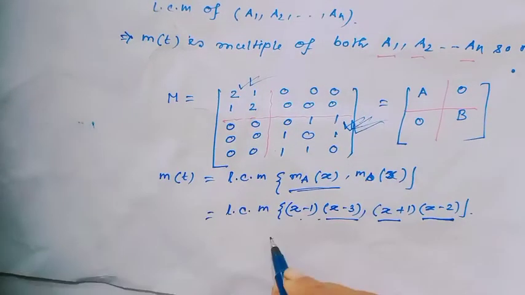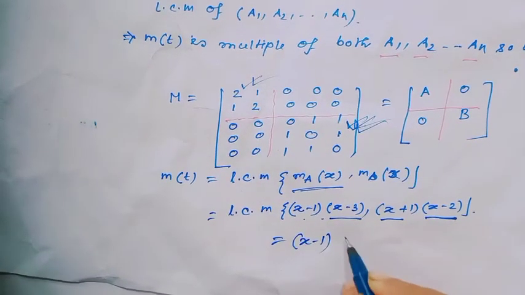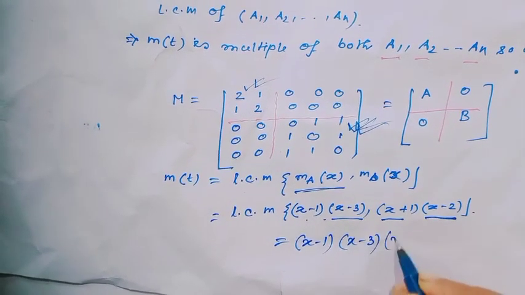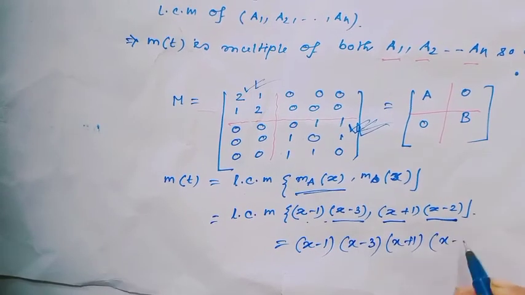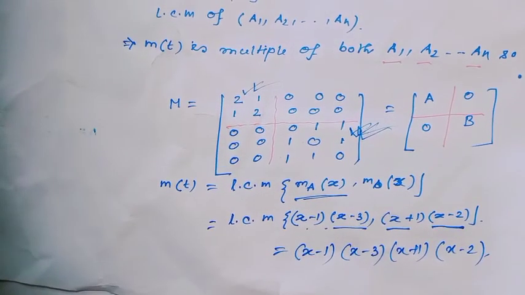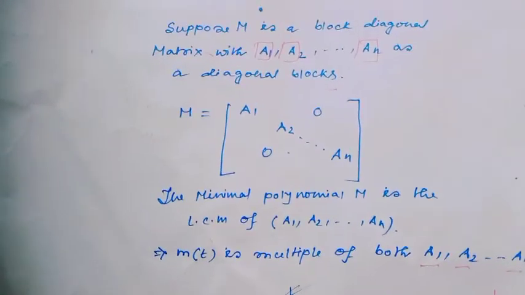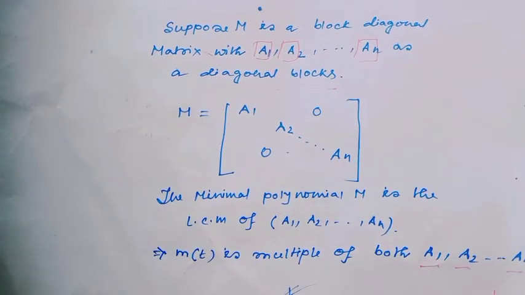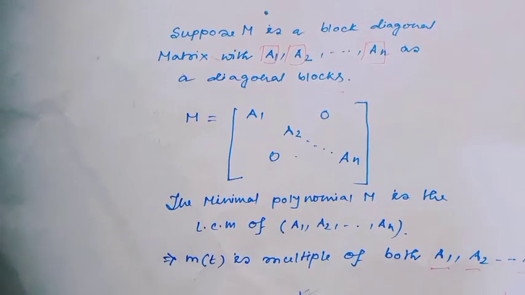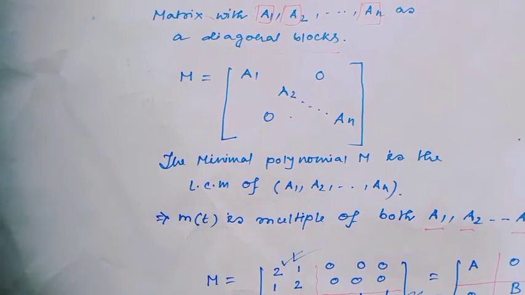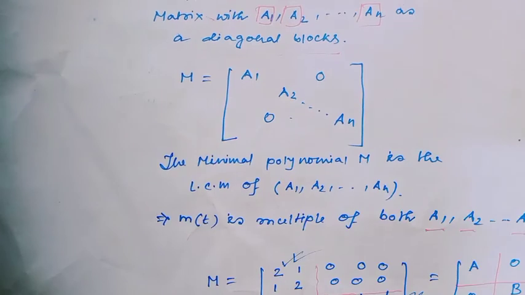Then their LCM would be (x minus 1)(x minus 3)(x plus 1)(x minus 2). Have you understood? This type of property is very important for any competitive exam. If you know this property, then you can verify any question on block matrices.